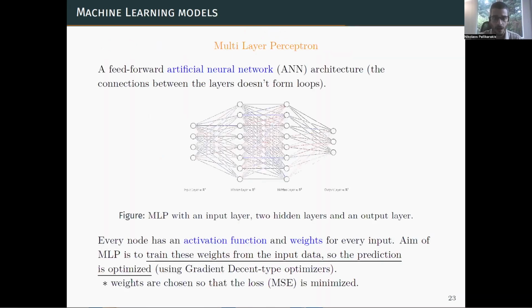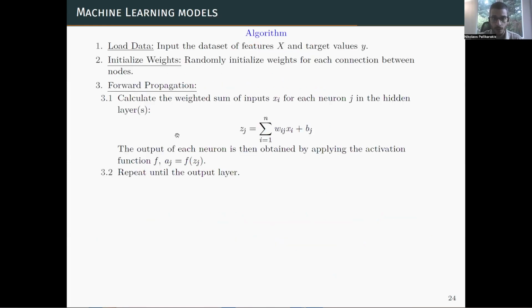So in the previous graph, let's pick the top node in the hidden layer 1. As we see, there are connections between this node here and all the previous nodes in the input layer. So if this node is j and xi are the input nodes, for each xi is assigned a weight, and we calculate the weighted sum.